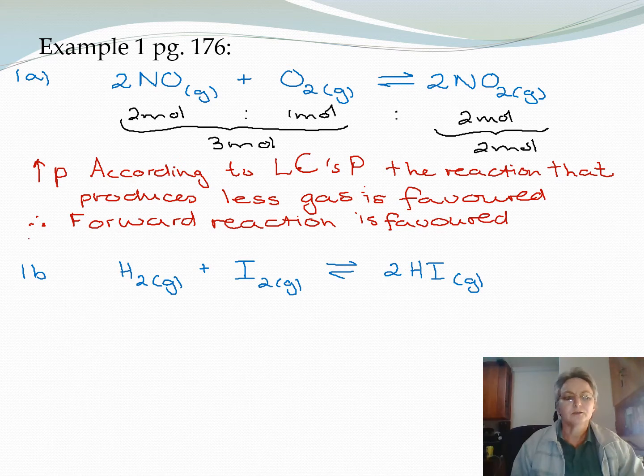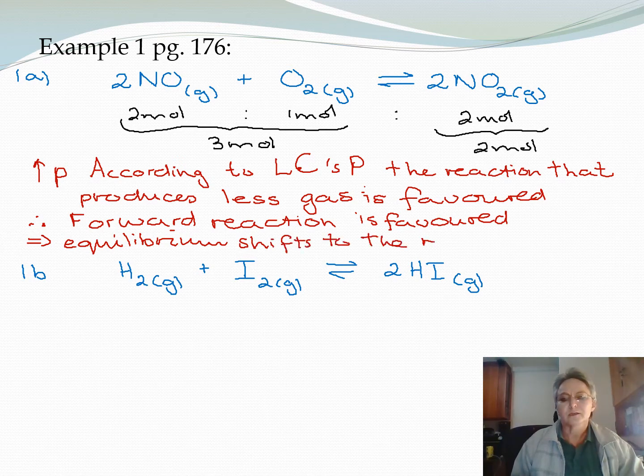And to say it in other words, the equilibrium shifts to the right. So your concentration of nitrogen dioxide will increase, while the concentration of nitrogen monoxide will decrease, and the concentration of oxygen will decrease.